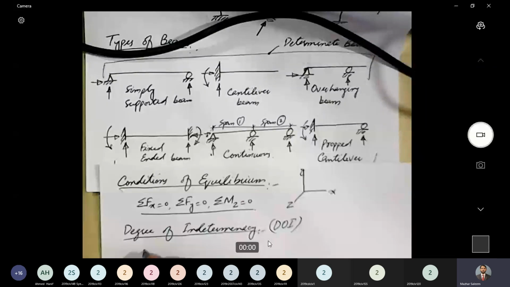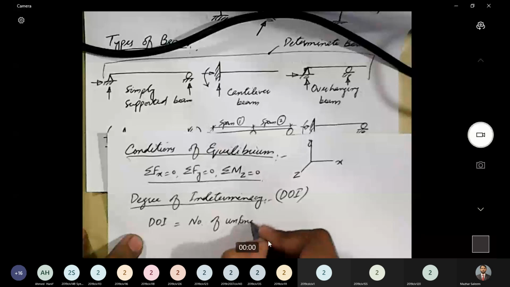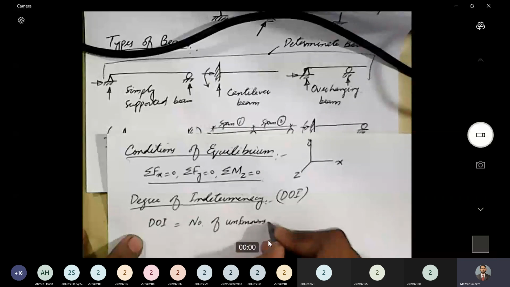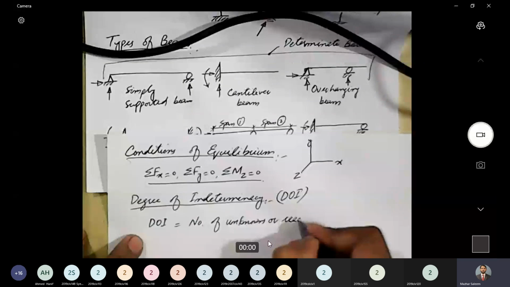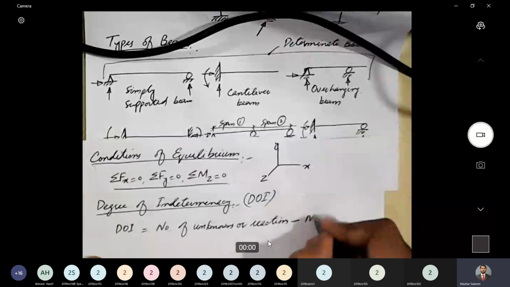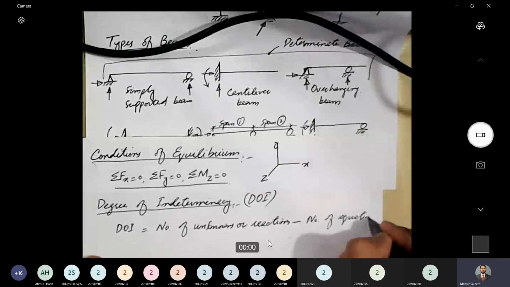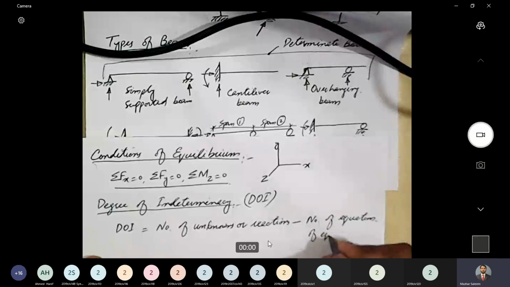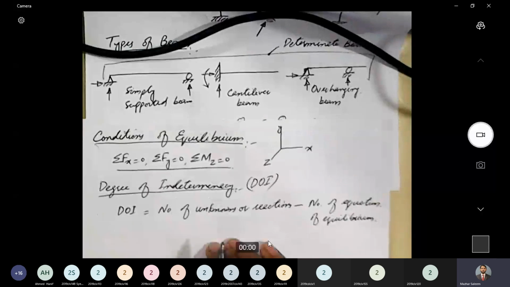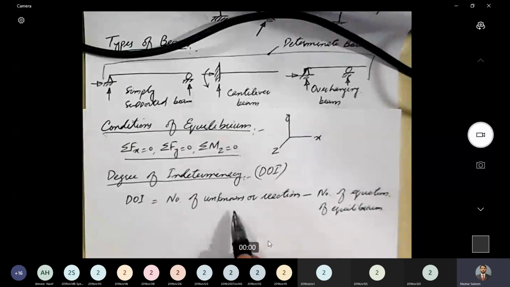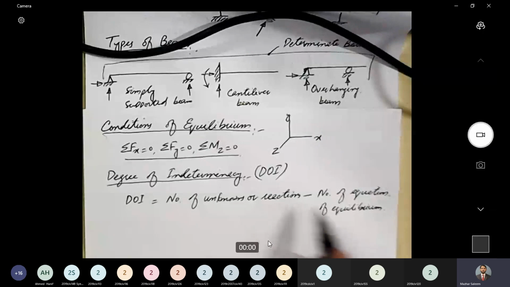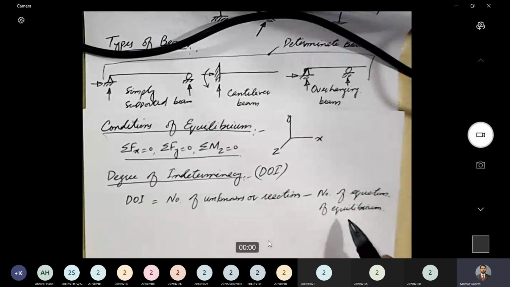So, degree of indeterminacy is equal to the number of unknowns, or the number of reactions, minus the number of equations of equilibrium.